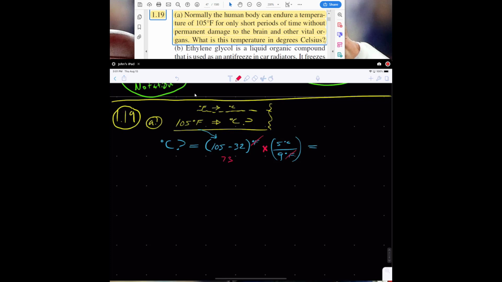So what we're left with is degrees Celsius, which is exactly what we're trying to find. So this becomes 73 times 5/9. So if you do that on a calculator, you multiply 73 times the fraction of 5/9, you get the answer of 40.55 repeating, right? And that would be degrees Celsius.